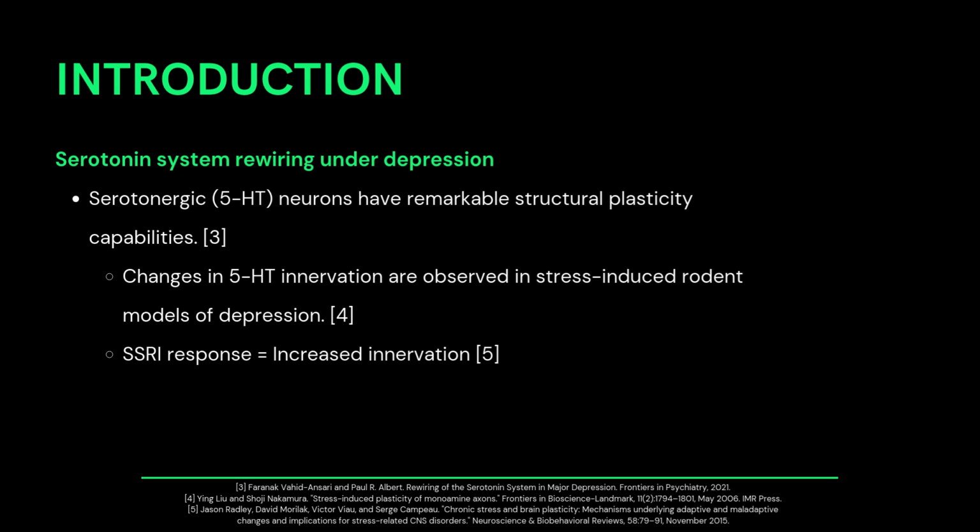And two, SSRI responses in patients are directly related with an increase in innervation, which means a better response, more innervation. Now, with histamine implications in both of those key points, the full picture as to whether histamine may play a part in this remains to be fully understood.